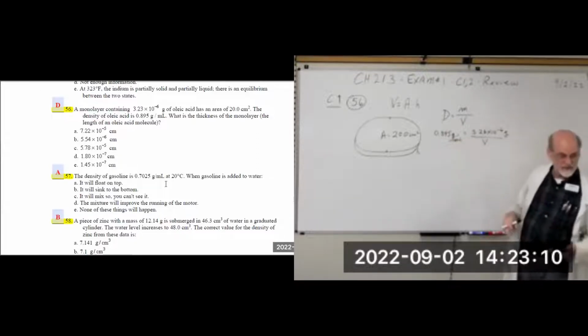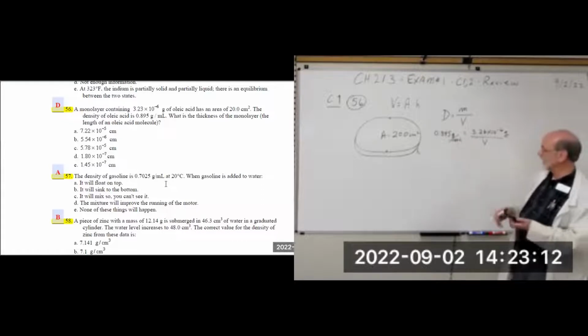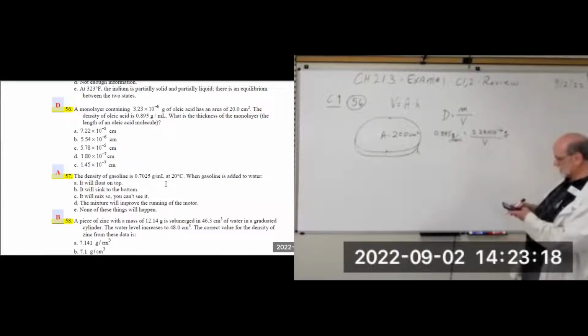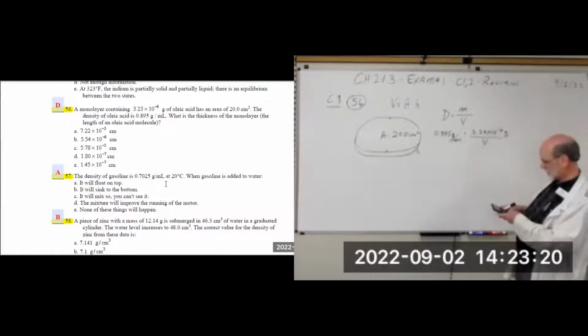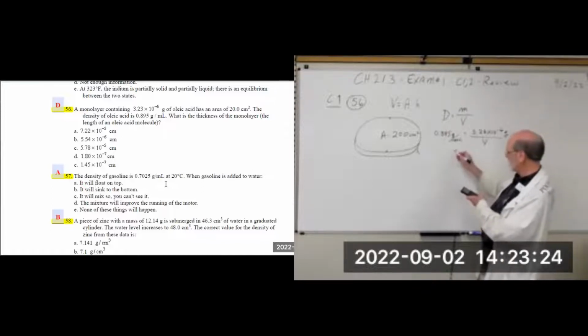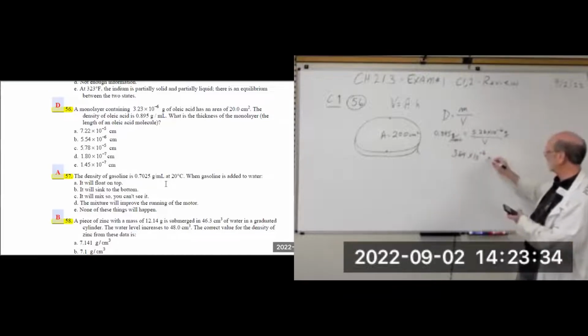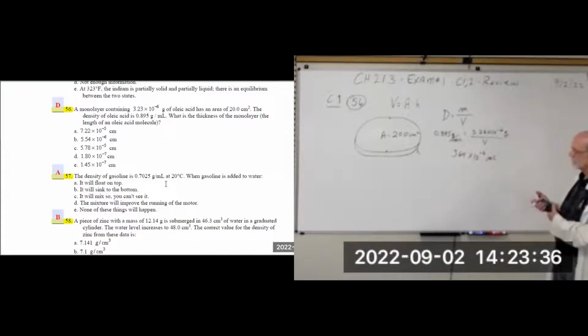And that gives us volume in milliliters. 3.26 exponent minus 6. And then 0.895 divided. And that's 3.64. 3 significant figures. I'm going to round off before I even put it up here. Times 10 to the minus 6 milliliters.